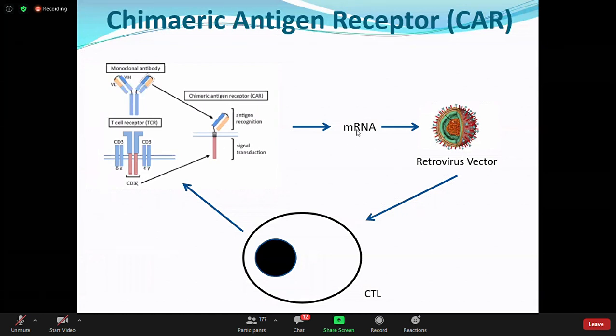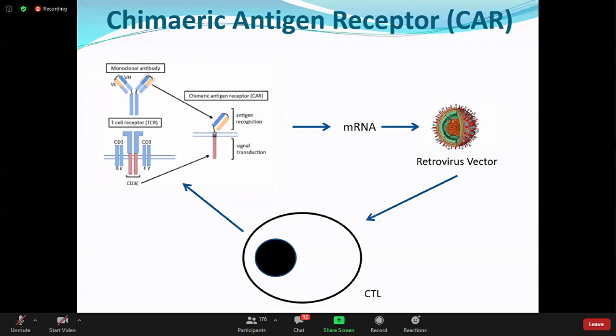And you insert that messenger RNA into a vector, like a retrovirus, which you then need to infect a cytotoxic T cell, such that this vector will transcribe and have that translated to give you this functional receptor. So it's relatively simple in a molecular biology lab, but it's still not as straightforward as what's described here.